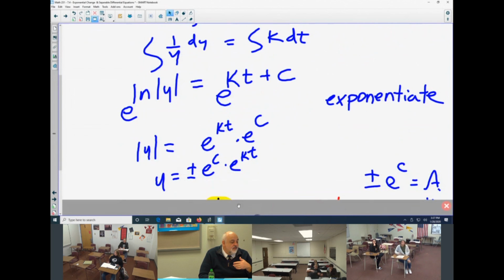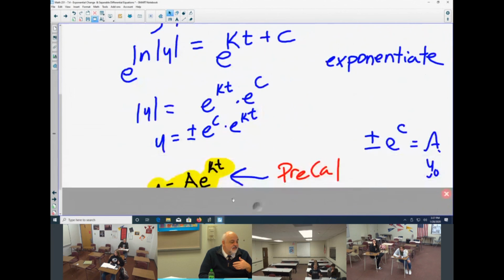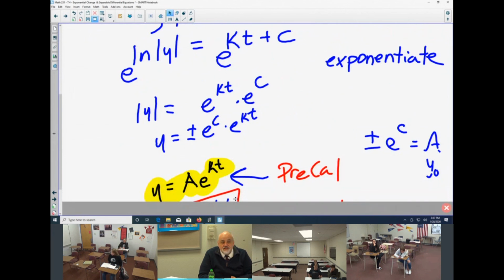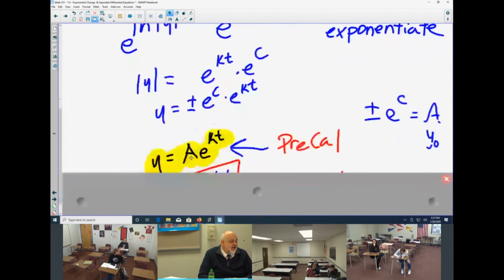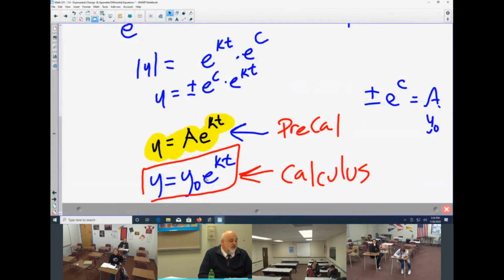So this formula that we have in pre-calculus actually comes from calculus. It's just that we don't derive it, or we don't tell pre-calculus people they're doing calculus problems. So this is kind of the pre-calculus version, but this is what we use in calculus.